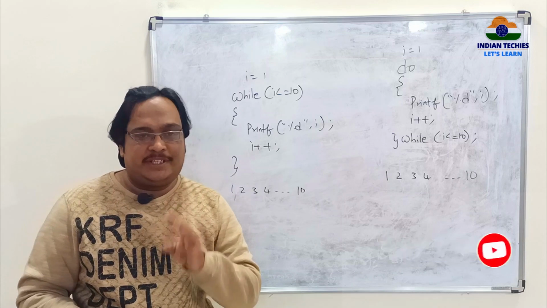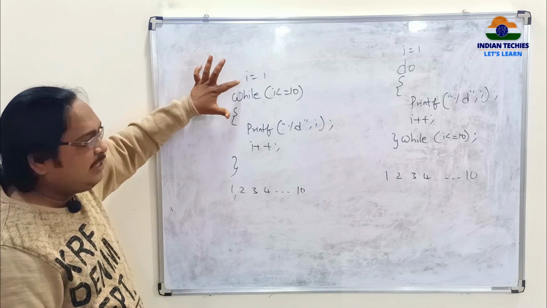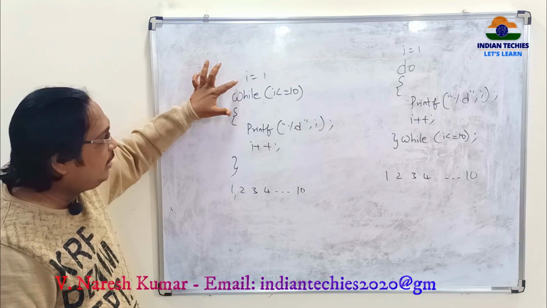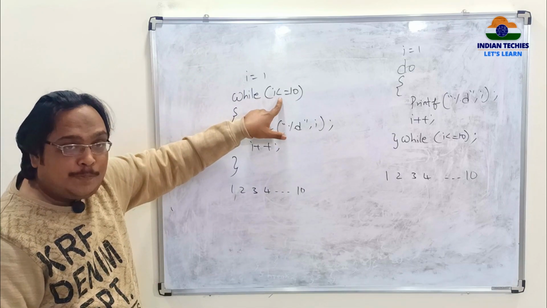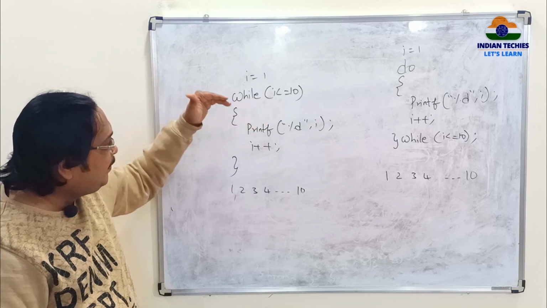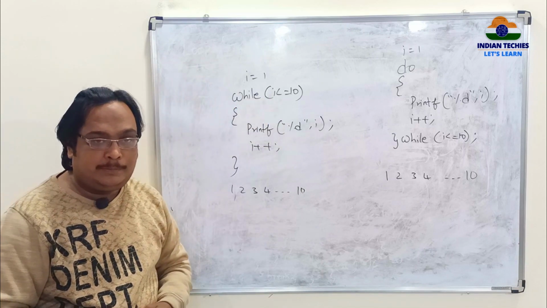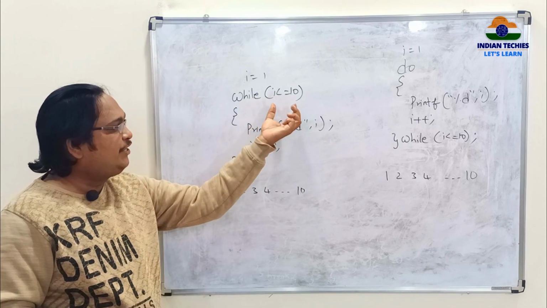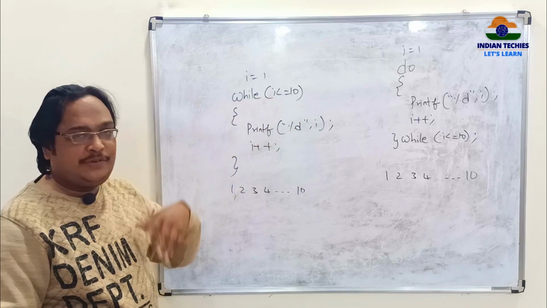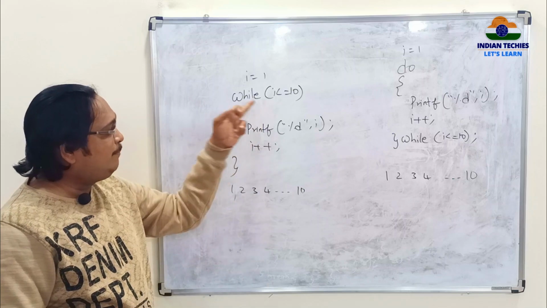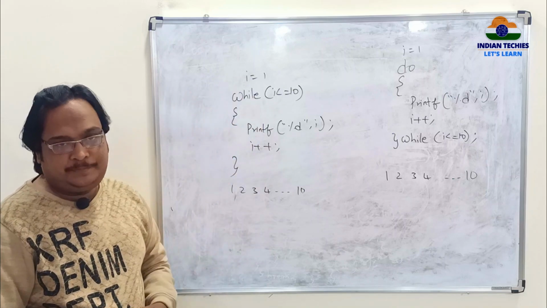Next, difference number 3. Here i is equal to 1. The initialization for the while condition has to be done compulsorily before the while block. Because if you want to check this condition, this i value must be initialized, means giving a basic starting value to i before the loop definitely.